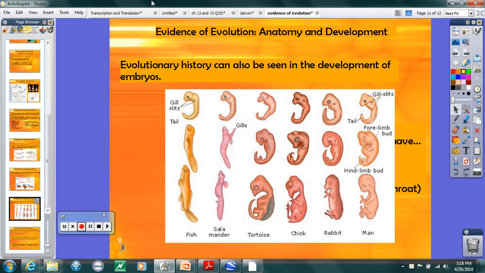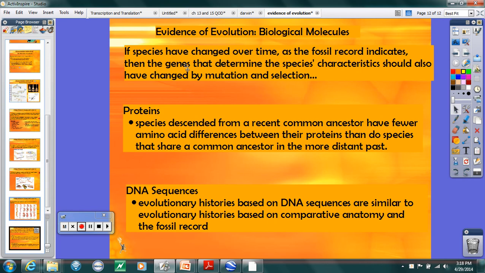And then the last piece of evidence that we have for evolution is biological molecules. So if species have changed over time, as the fossil record indicates, then genes that determine the species' characteristics should also have changed by mutation and selection.